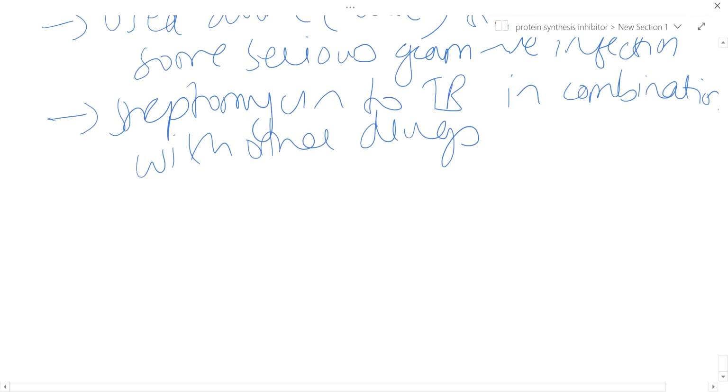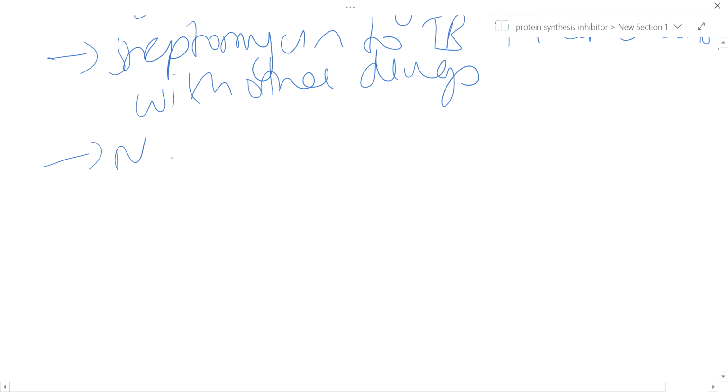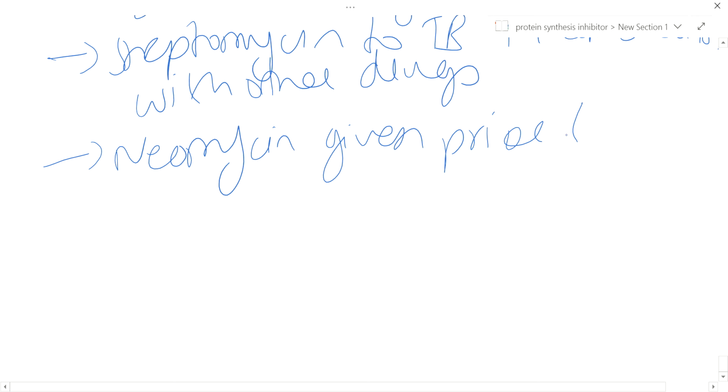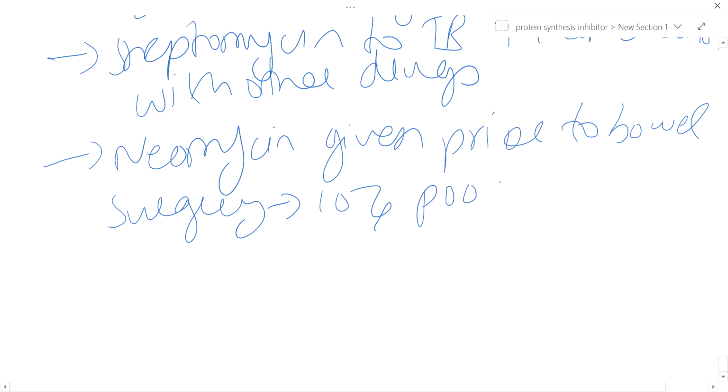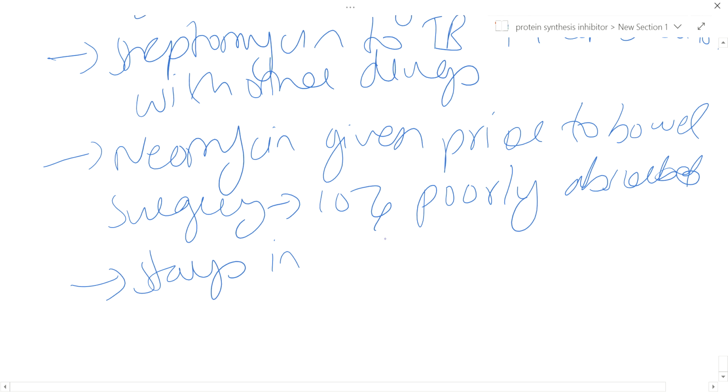Similarly, neomycin is given prior to bowel surgery, because it is poorly absorbed, so it stays in our gut for a longer time.